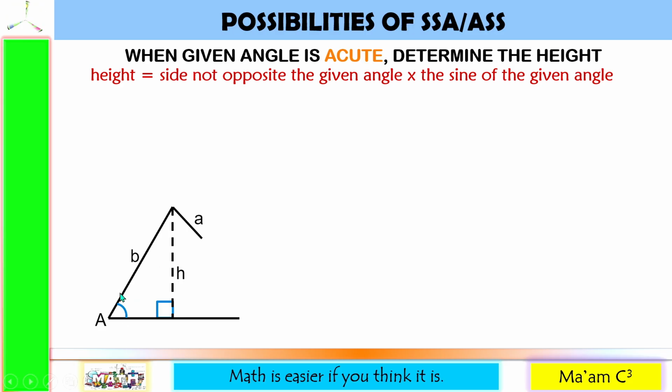So if angle A is given, the side opposite that is side A. You are not going to choose this side. You are going to choose the other side given. So we have B, and then multiply it with the sine of the given angle, sine of A. So height is equal to B multiplied by sine of A.